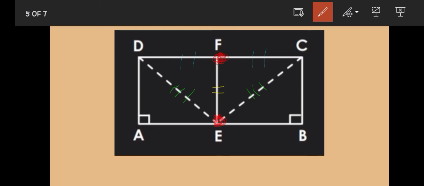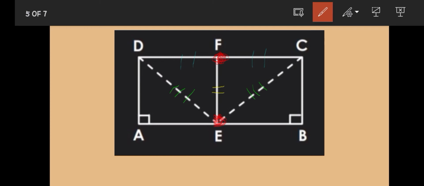So, by the SSS postulate, we can conclude that triangle DFE is congruent to triangle CFE. By the definition of perpendicular, line EF is perpendicular to segments AB and CD.